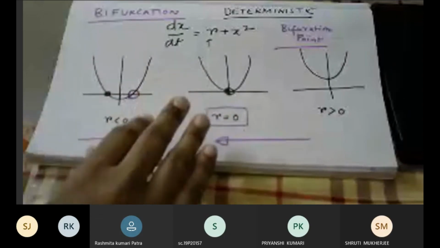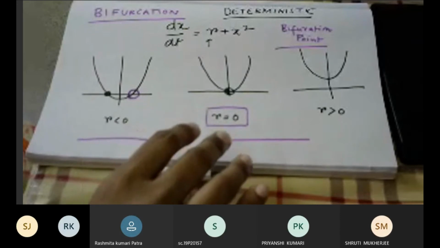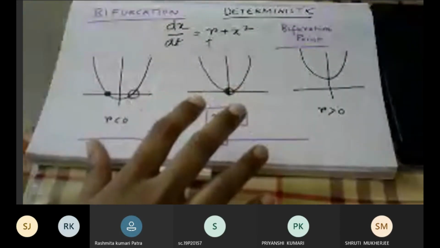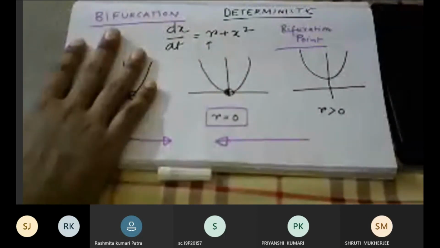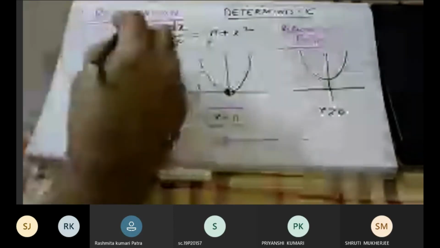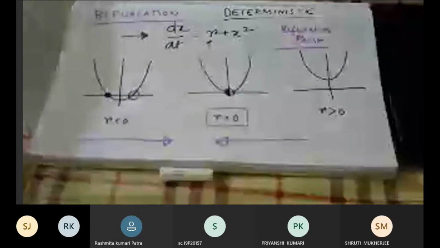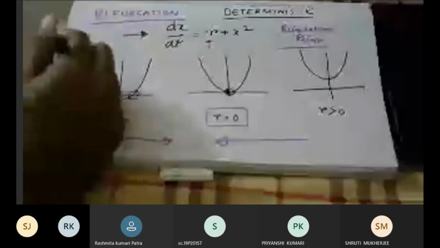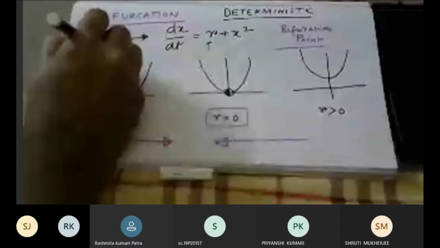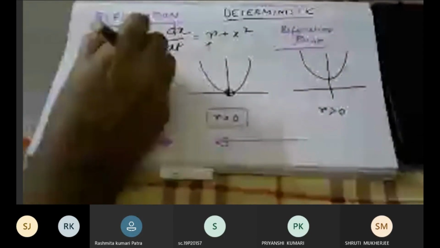Depending on these things, we will learn about several different kinds of bifurcations that can occur in one variable systems. This is one example, and as we proceed, you will learn that the example we are seeing here is a very well-known kind of bifurcation called the saddle node bifurcation.